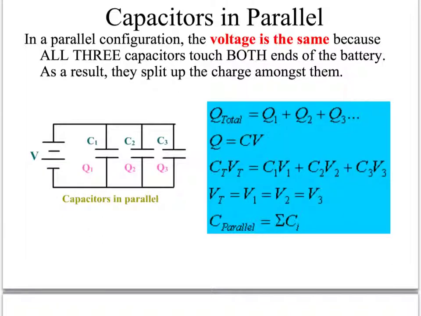If we take that and plug that into our capacitance equation, we can find that the voltage in one is equal to the voltage in all of the others. And our capacitance is equal to the sum, or total, of the individual capacitance of each capacitor.